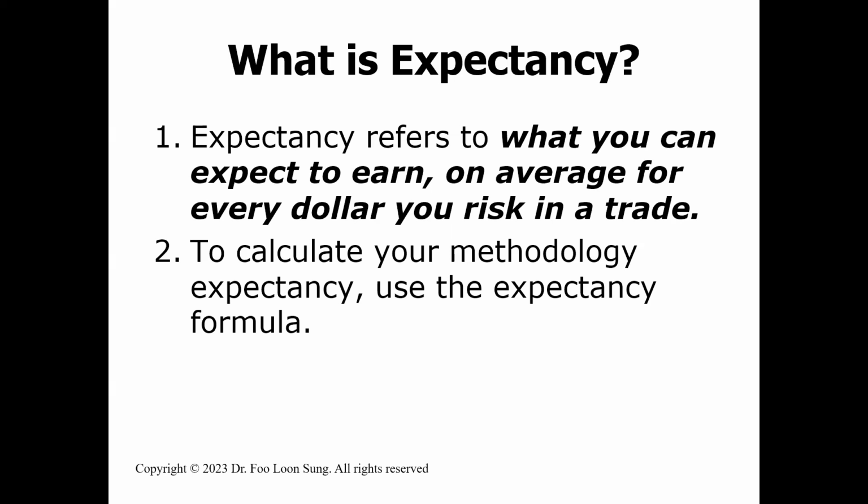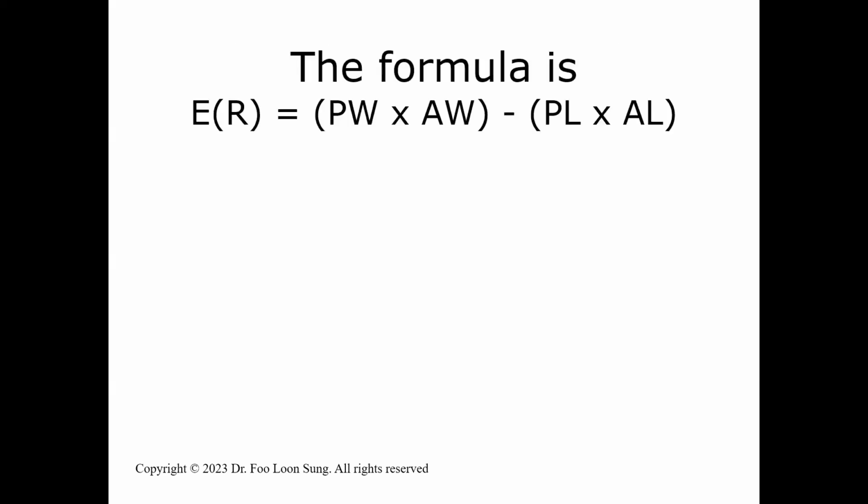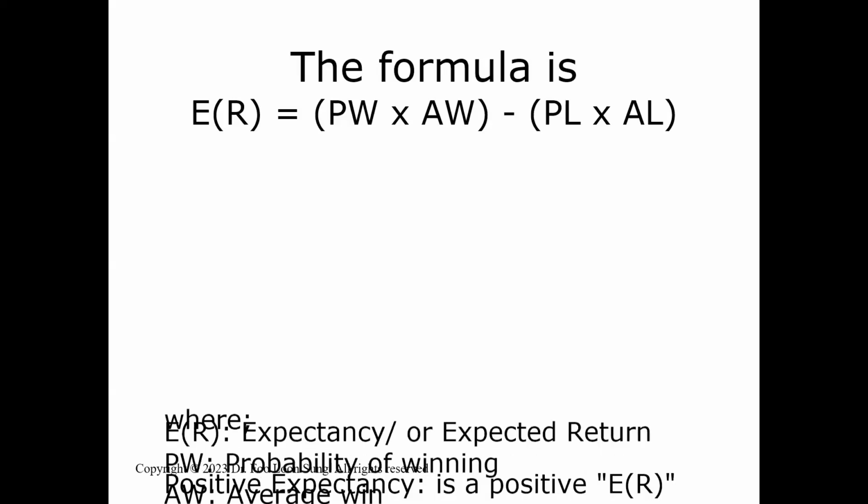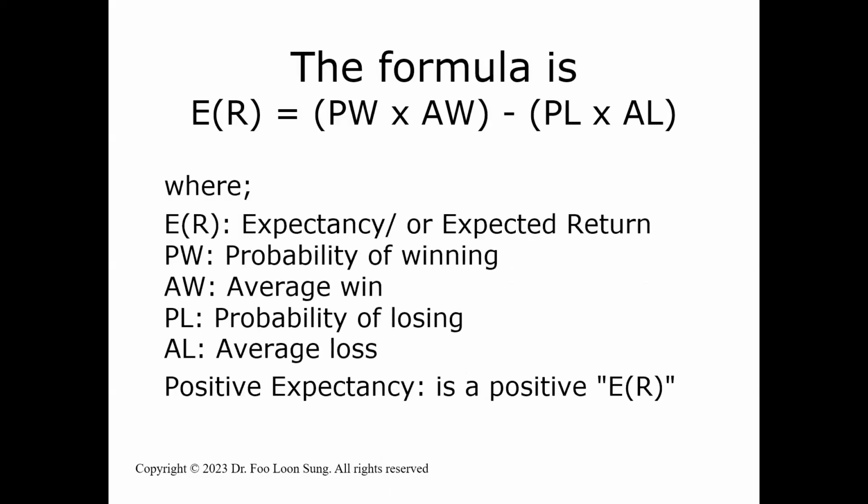So to calculate expectancy, you need to use the expectancy formula, which is this. Your ER equals PW times AW minus PL multiplied by your AL, where your expectancy is defined as the probability of winning multiplied by your average win minus your probability of losing times your average loss.